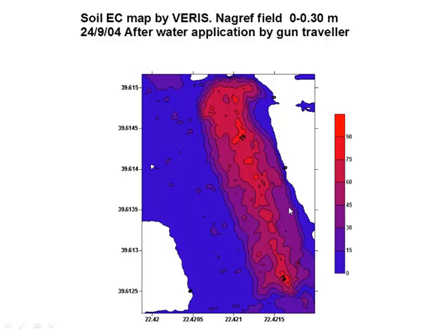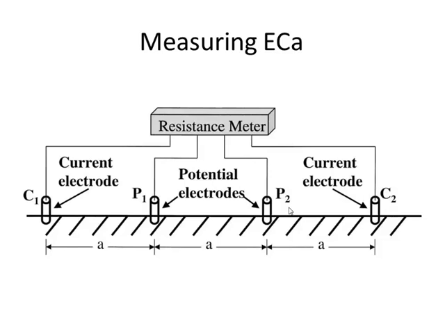What you can see easily here is that what we measure is moisture content. In some way, we can measure the quality of water distribution by the traveler irrigator. We measure moisture content, but moisture content is connected to fine texture soils. So the higher the electrical conductivity, the higher the clay content of the soil, or the heavier the soil.